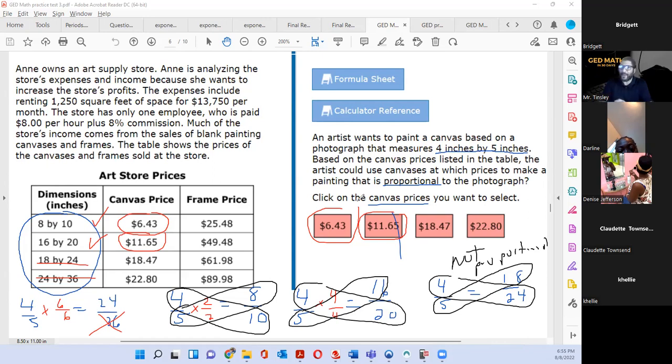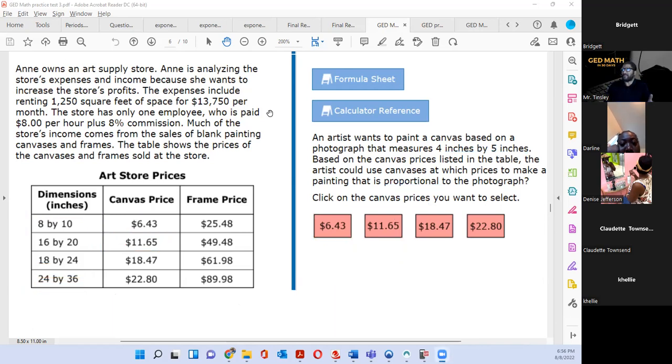Anytime they're comparing one thing to another, that's the ratio they give you. 4 to 5 is the ratio that's given. Proportion is 2 ratios set equal to each other. Equal. 8 to 10, 16 to 20, 18 by 24, 24 by 36. And you'll be able to get that answer. Again, not a difficult problem.